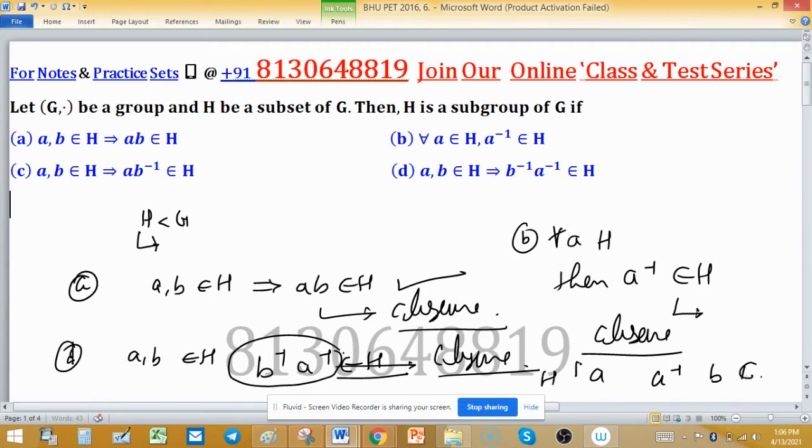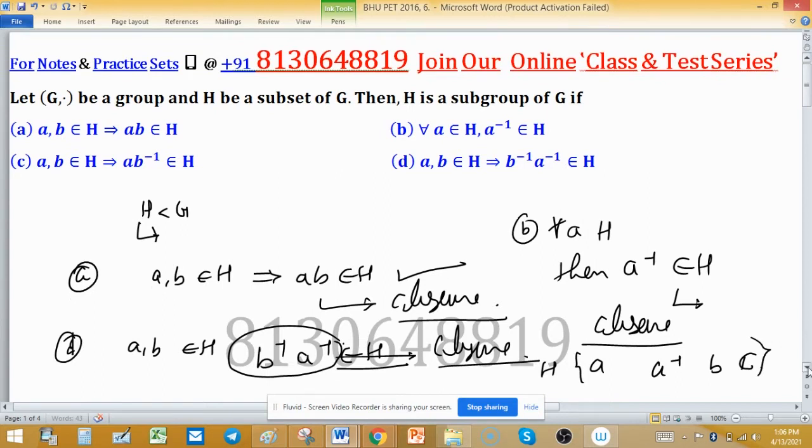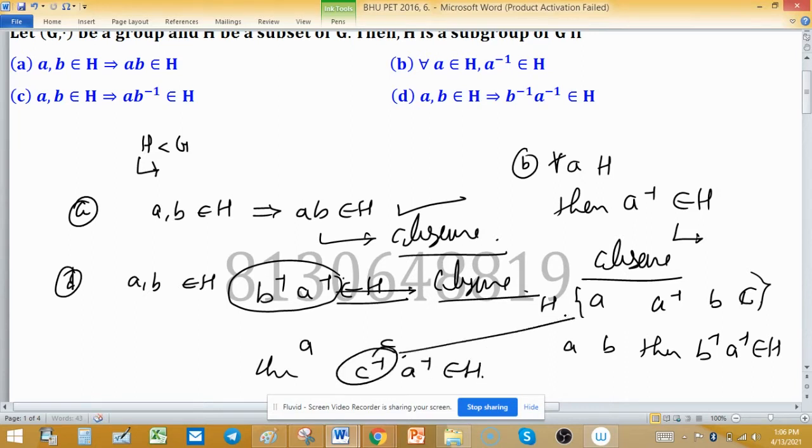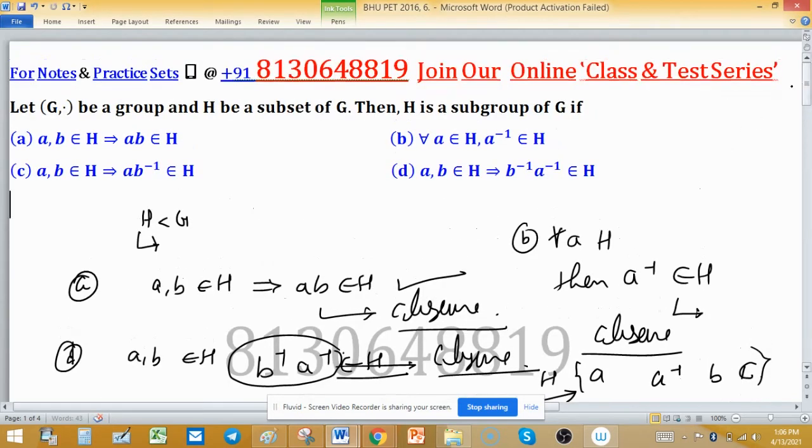If we pick elements a and b, then b inverse a inverse is in H. But if we take a and c, then according to this condition c inverse a inverse should be in H, but c inverse is not present in this set. So closure is only partially satisfied here, not for all elements. So the only correct option is C.